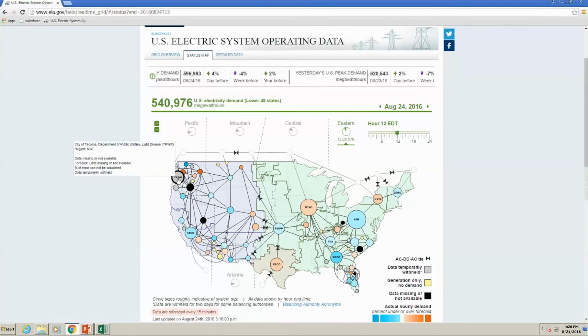There's Tacoma. It's a city, so it's fairly small relative to some of these other balancing authorities out here. And they had an incident where they lost power in their central business district around noontime.